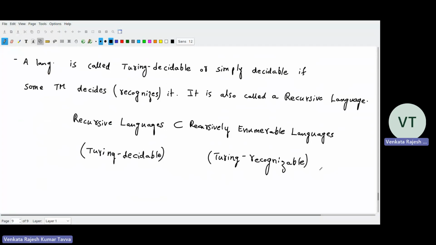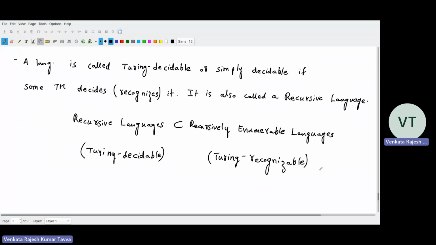So we won't have time to go into more depth regarding this. The only point which you need to understand is Turing recognizable languages are also called recursively enumerable languages. That's all. If you take just this point, that is enough. There are other chapters where this is explained, but we won't have time to go into that. Just take this one point.